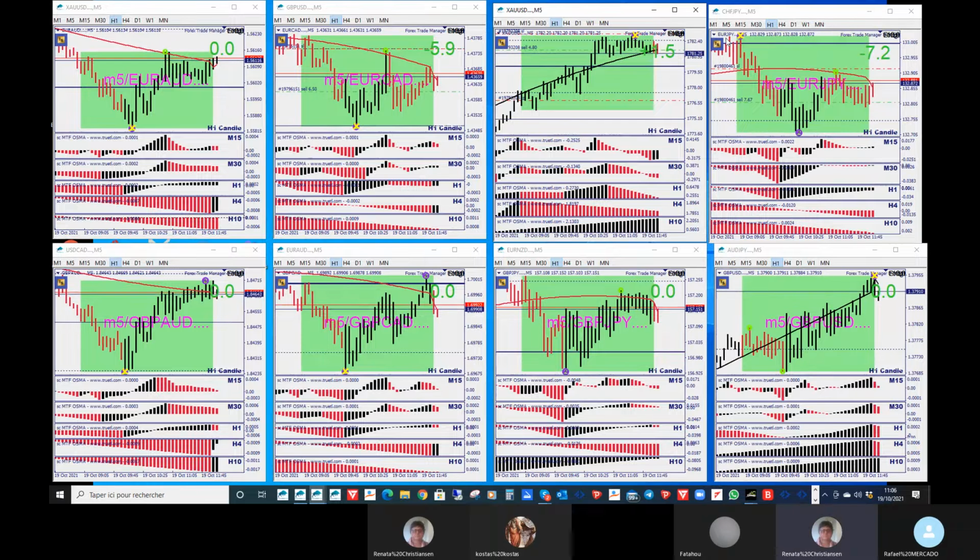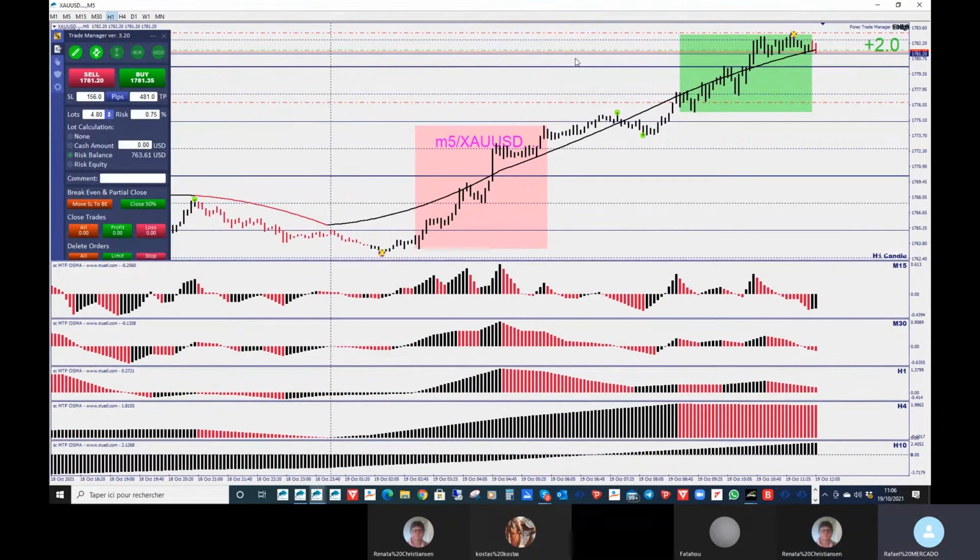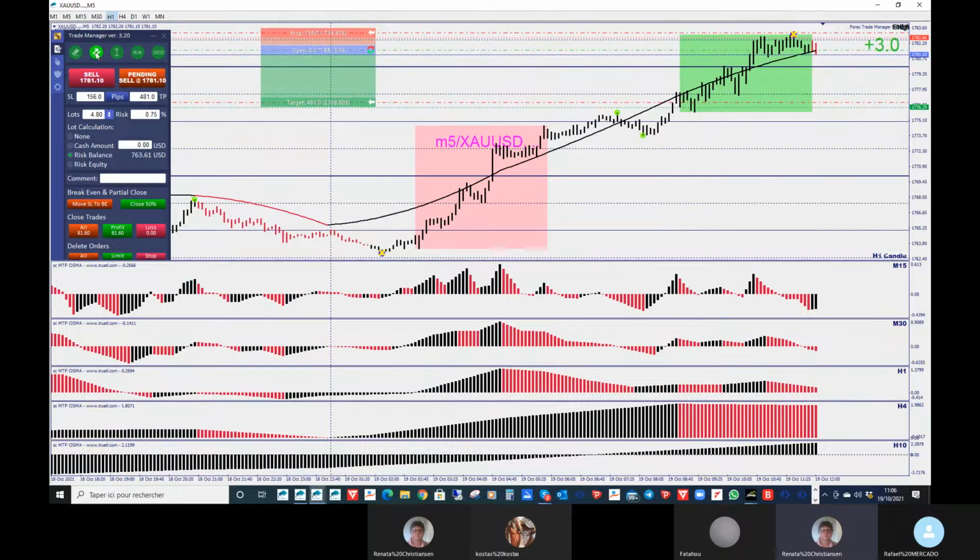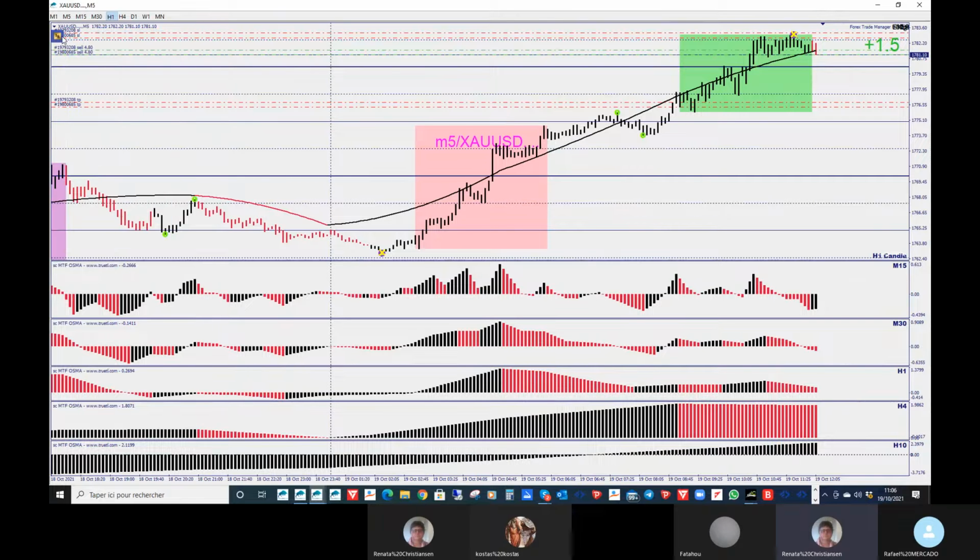All right, I took that gold short. Okay, I'm going to take it again. Yeah, that yen pair has been going back and forth too much. The yen hasn't made up its mind if it wants to get strong or weak.